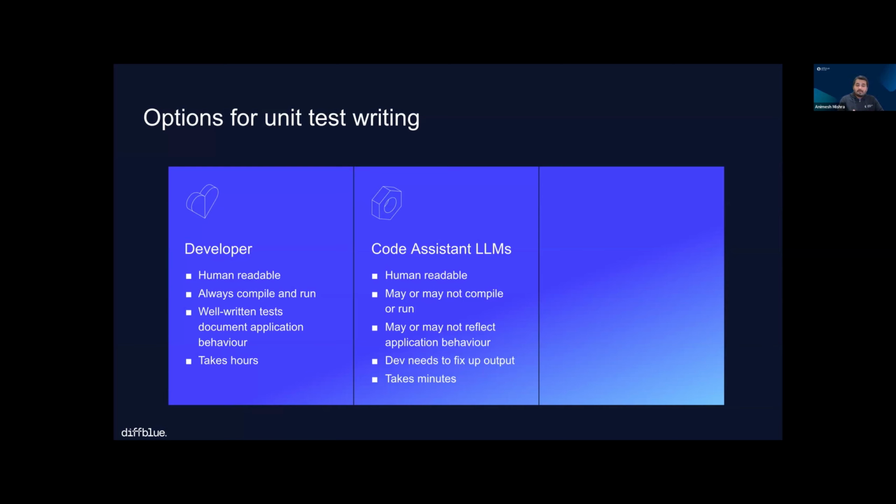It may compile, it may not. If you were after a unit test, it may give you a unit test that may or may not run, and if it runs, it might not be targeting the right code branch. So what we find is that developers often have to take the output which these tools produce and massage that into the final outcome they're after.